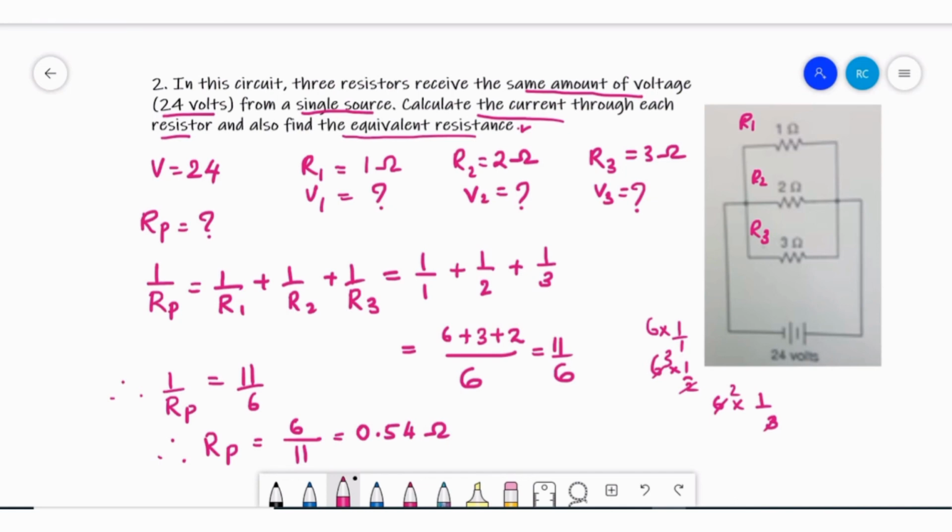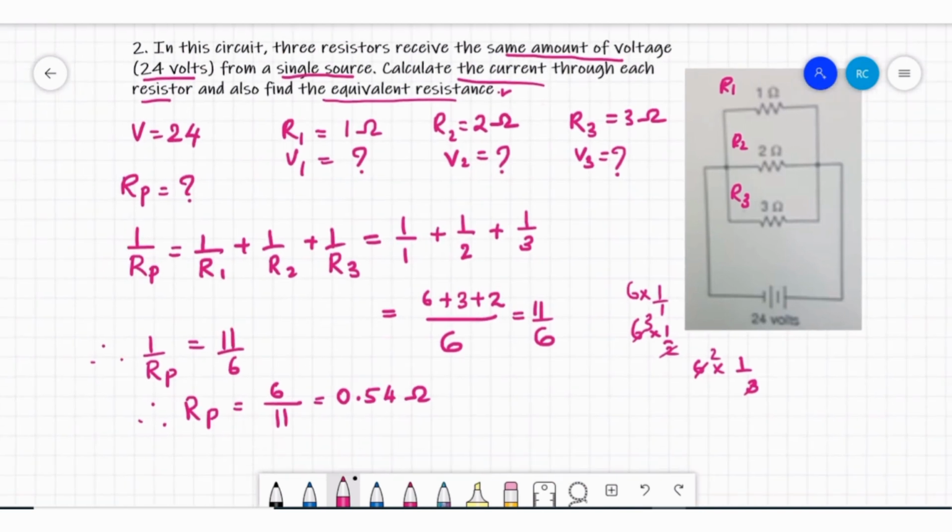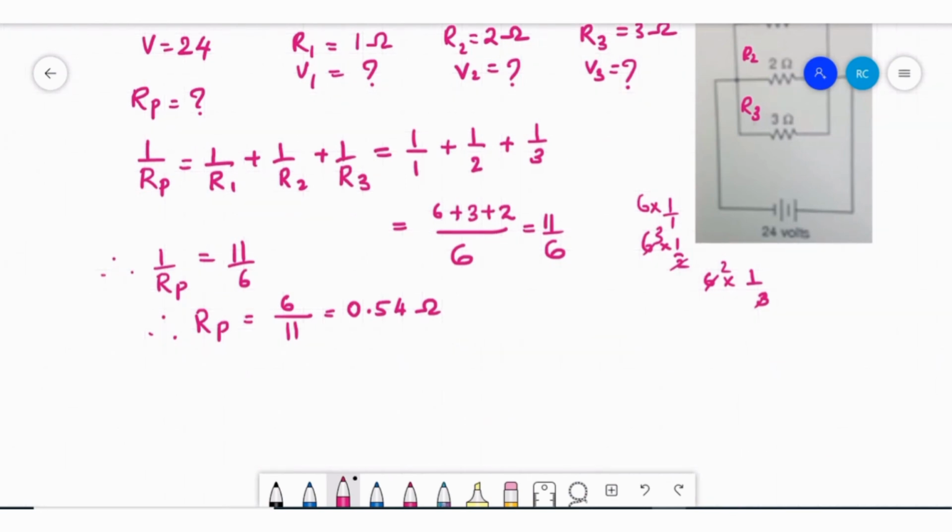Now next, we need to calculate the current through each resistor. That is the second part of this question. So we are going to calculate I1, I2 and I3. For the individual currents, we have the expression V is equal to I into R. That is Ohm's law.